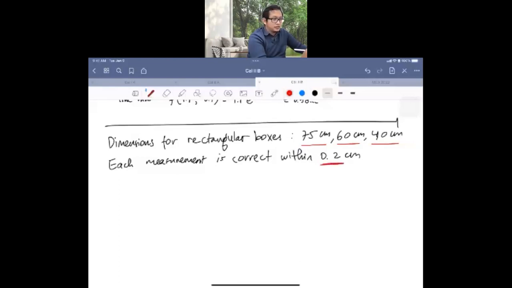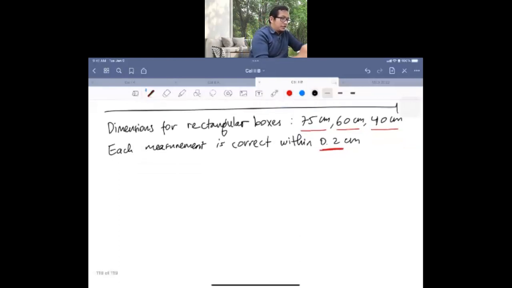Each measurement can be 75.2 or 75 minus 0.2, so plus or minus 0.2.